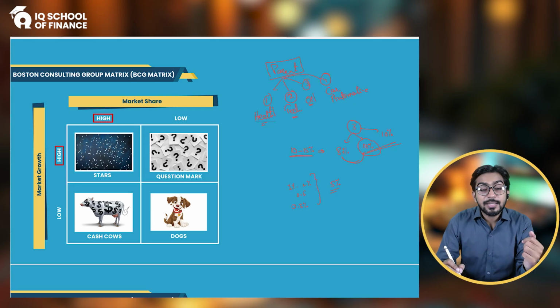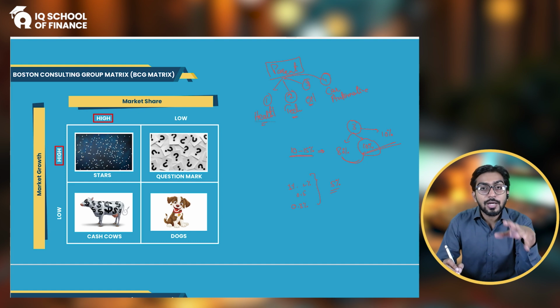Also, sometimes the examiner will tell you that you are the leader of the market, or that you are among the top 3 of the market. This shows you that your market share is high, all right.